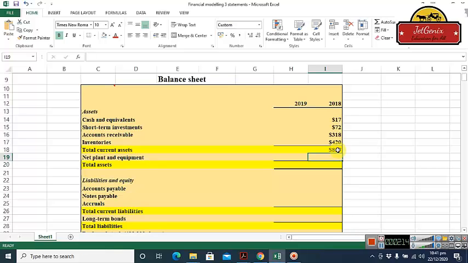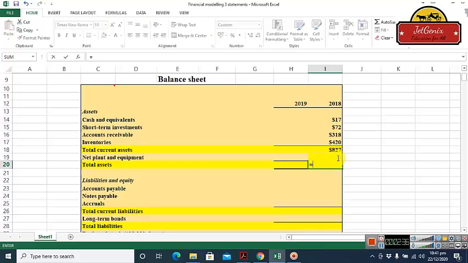Now after this we are going to add the net plant and equipment, which means the fixed assets, and let's assume the fixed assets are 930 million. Now here we are going to calculate the total assets, which means the current and fixed assets. So how are we going to calculate it?